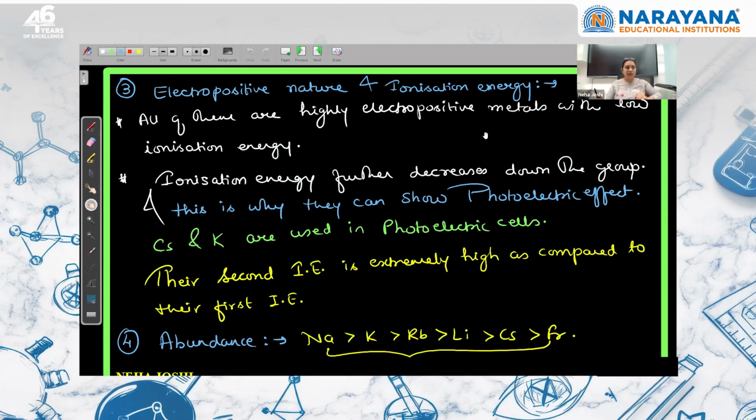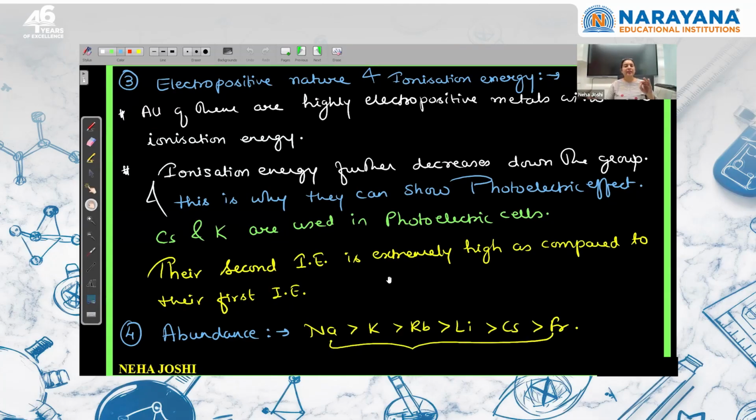In their respective periods, they will have the least ionization energy. Down the group, their ionization energies will further decrease due to increase in size of the atoms. Okay, that is general. And due to this property, cesium and potassium are used in photoelectric cells, right?